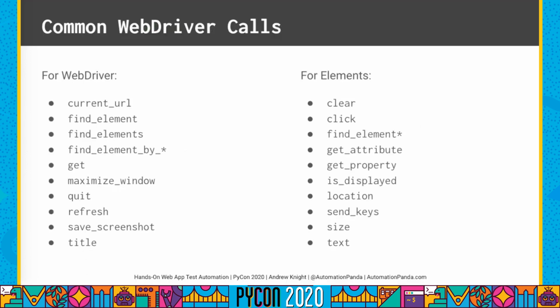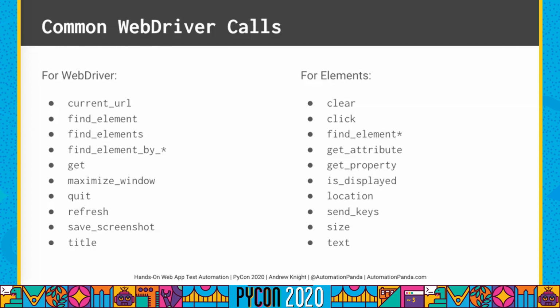To make things a little more understandable, let's go through some of the most common calls together before we try to apply them to our test automation project. The left column shows calls directly from the WebDriver instance, which we named browser in our code. Current URL returns the URL of the page currently loaded in the browser.